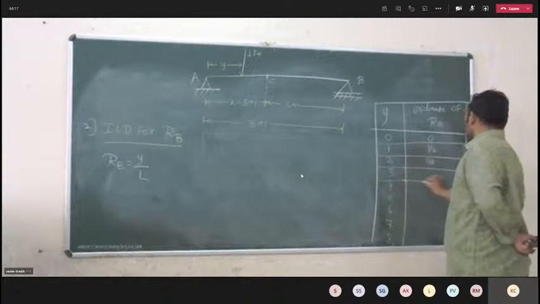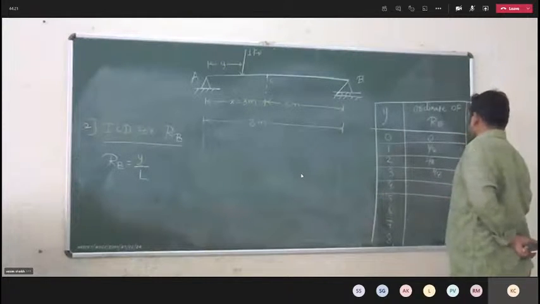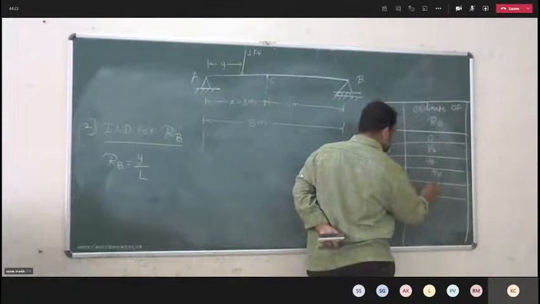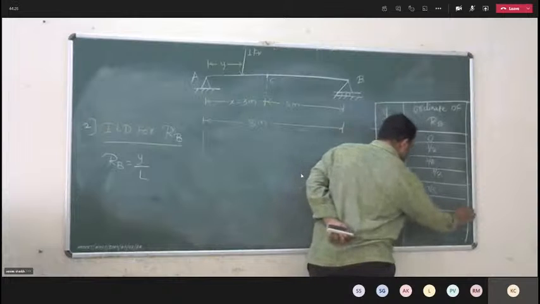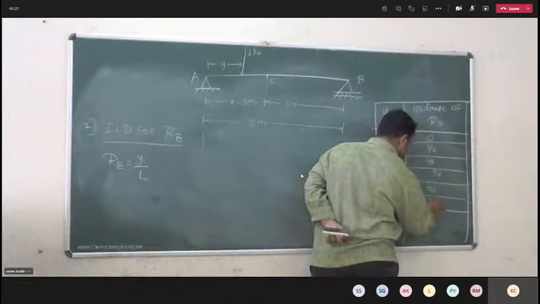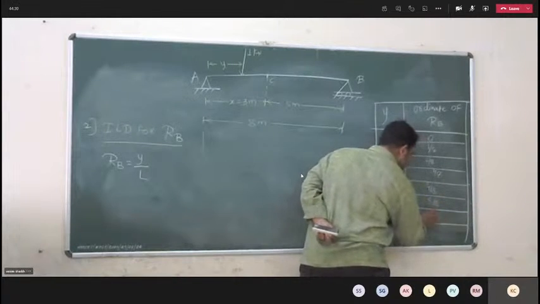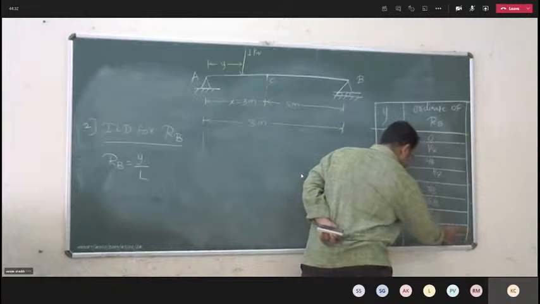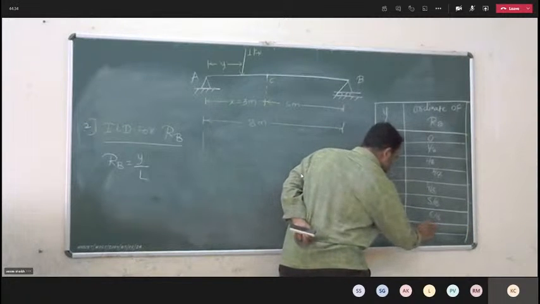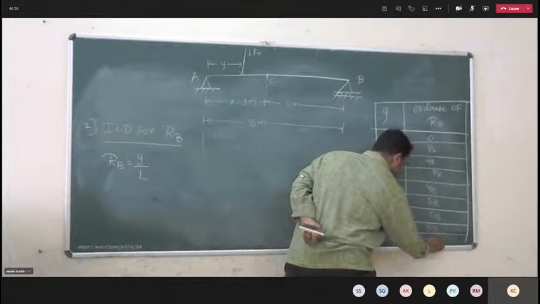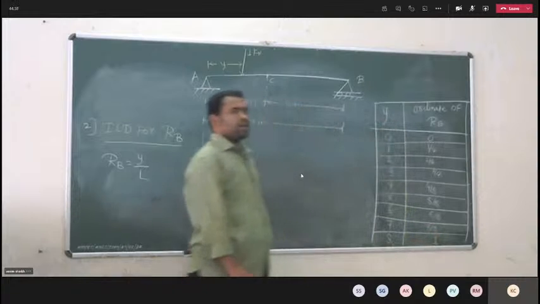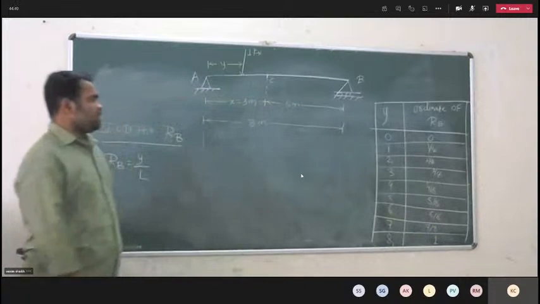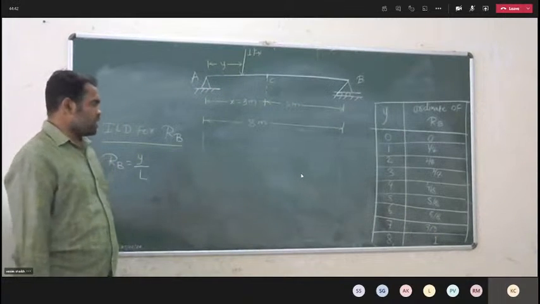It is 3 by 8, 4 by 8, 5 by 8, 6 by 8, 7 by 8, and lastly at a distance of 8 meter, ordinate of RB is equal to 1.